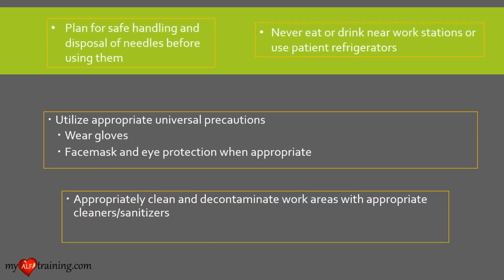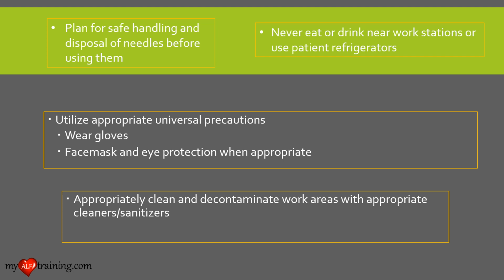Again, we're going to plan for safe handling and disposal of needles before even using them. Never eat or drink near workstations or use patient refrigerators. We will always utilize appropriate universal precautions such as wearing gloves and or face mask and eye protection when appropriate, such as cleaning a wound.